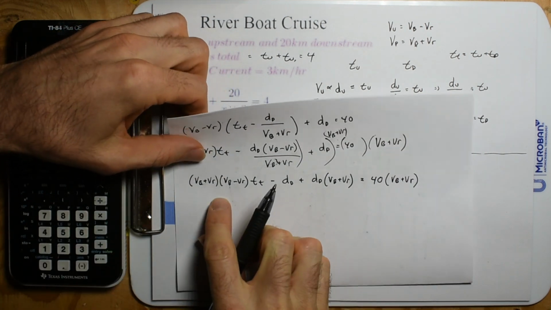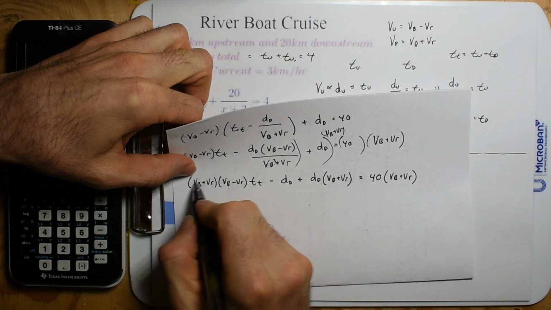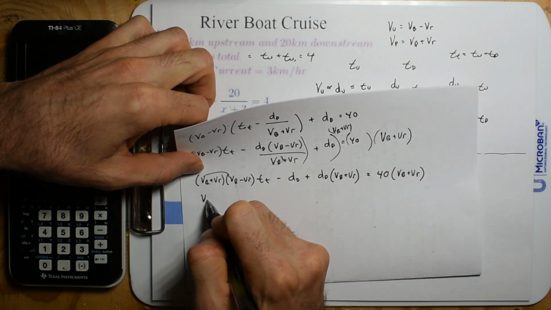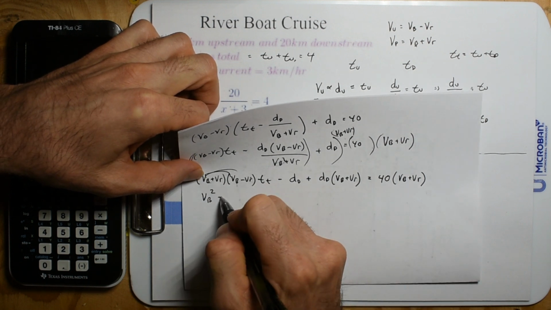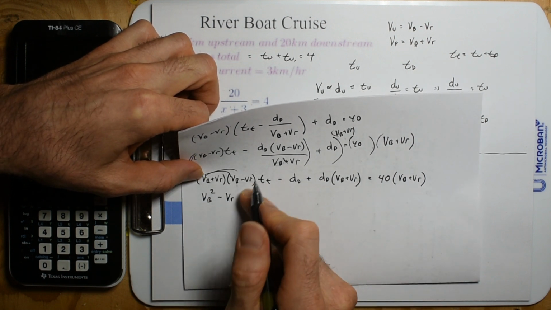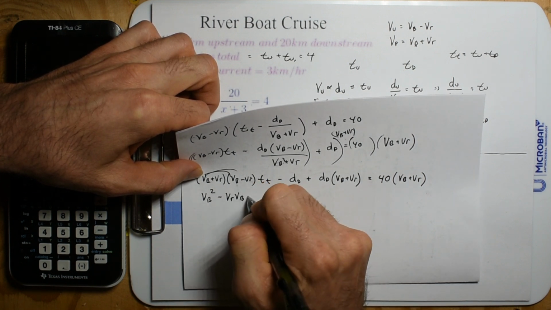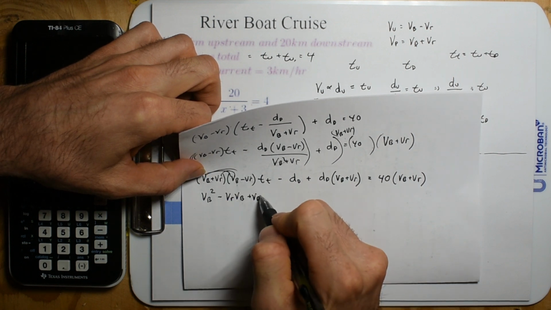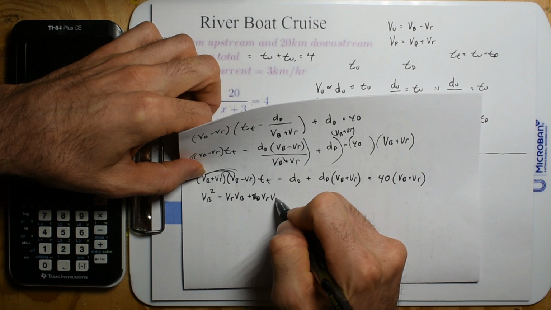All right, so here we're basically going to do the FOIL method. So we have VB squared minus VR. That's just the constant, so we'll put it out in front, times VB. And then we've got plus VB, so we're doing this one now, VR plus VB.